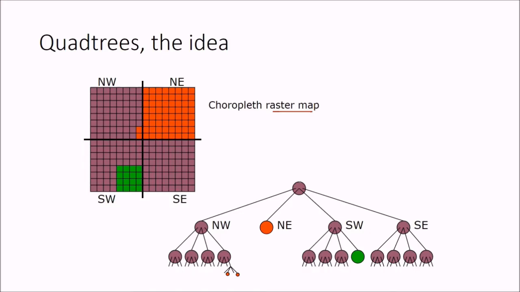For example, this is your root node. Now in this we have four children: northwest, northeast, southwest, and southeast. We can see the northeast is fully filled, that is, the choropleth is already there.